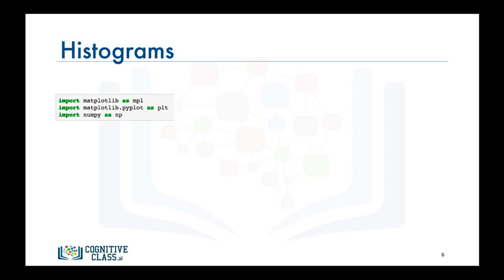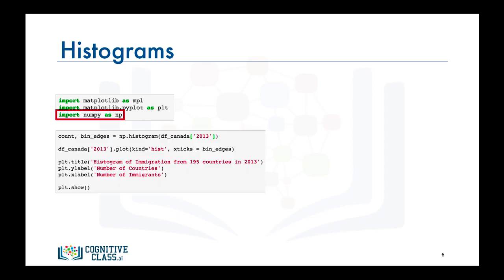So as usual, we start by importing Matplotlib and its scripting interface, but this time we also import the NumPy library. Then we call the NumPy histogram function on the data in column 2013. What this function is going to do is partition the spread of the data in column 2013 into 10 bins of equal width, compute the number of data points that fall in each bin, and then return this frequency of each bin, which we're calling count here, and the bin edges, which we're calling bin_edges.